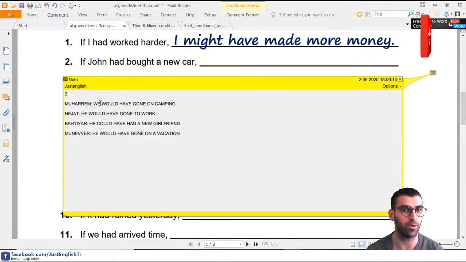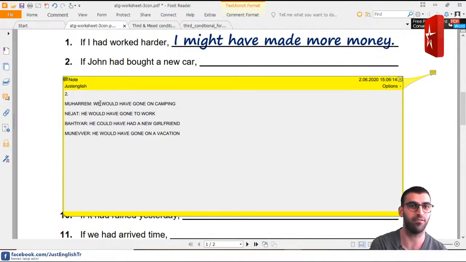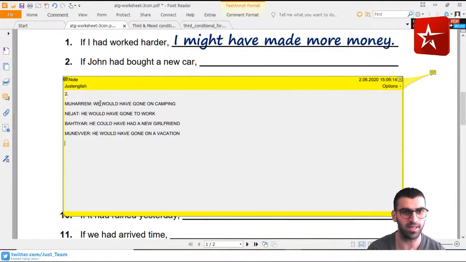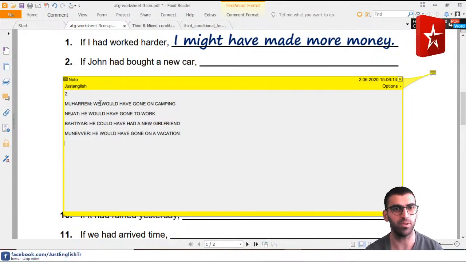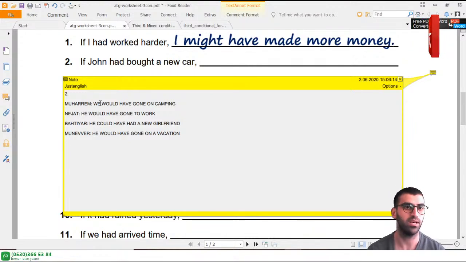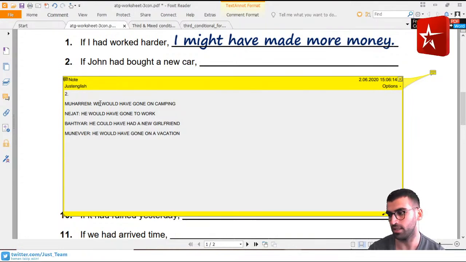If John had bought a new car, Muharrem says he would have gone on camping. Muharrem's and Minever's answers are close to each other, mostly they are similar. Like he would have gone on camping, or he would have gone on a vacation. Technically speaking, their meanings are the same.